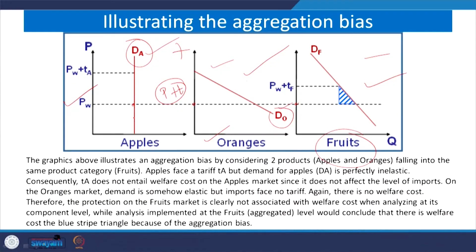If a tariff T is imposed in the orange market, it will de-incentivize consumers from purchasing oranges, whereas in the case of apples, since demand is completely inelastic, higher taxes will not demotivate the buyers from purchasing. Therefore, it is suggested to impose the tariff on the apple market.